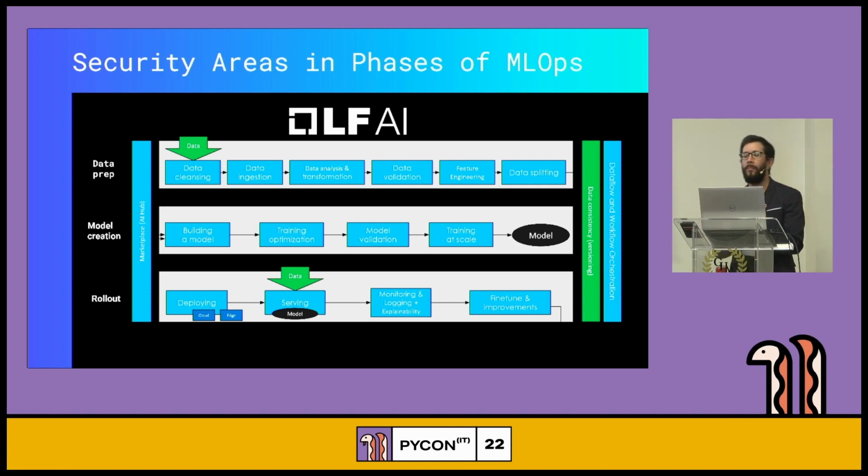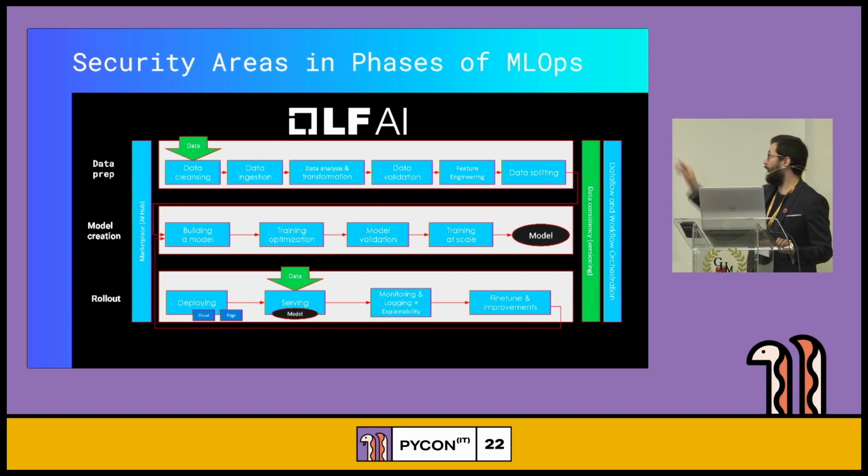If we were to ask which are the points throughout the end-to-end MLOps lifecycle where we are at risk of security vulnerabilities, it would be the red areas, right? So basically, every single step of the machine learning lifecycle is at risk of potentially having security vulnerabilities. So that's something that we have to take into consideration.